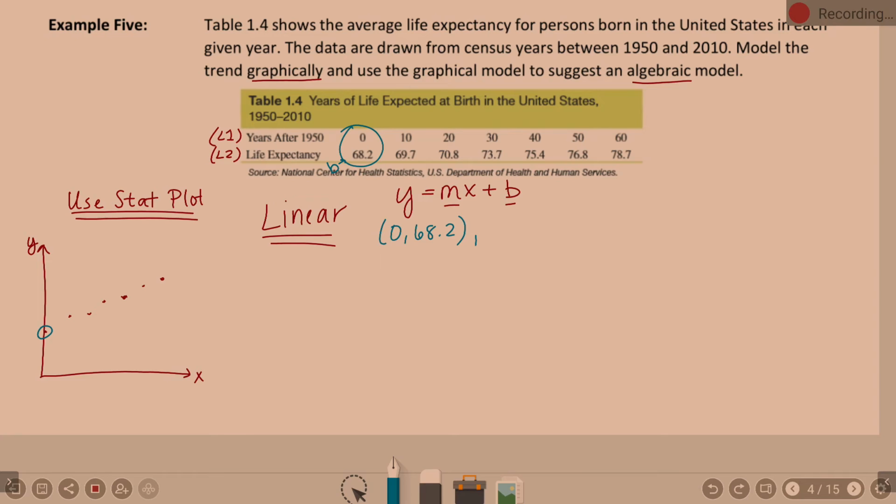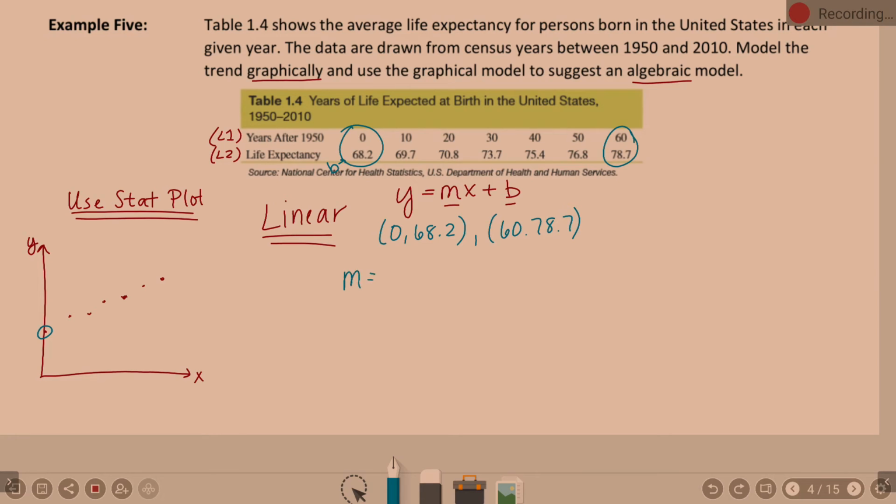All of our lines wouldn't have to match identically. They would just need to be close. I think I'm going to just use the other end of it and use the 60, 78.7. But I really don't think there's really a bad point there. I feel like they would all work out pretty well. So let's find our slope.